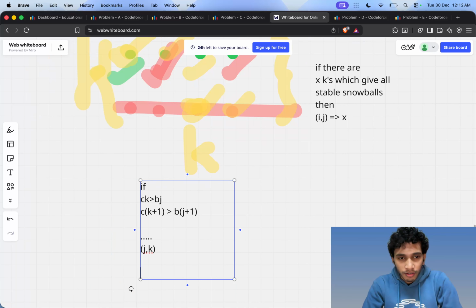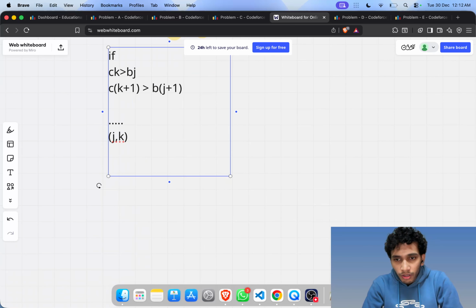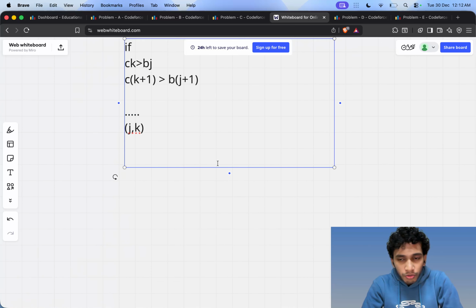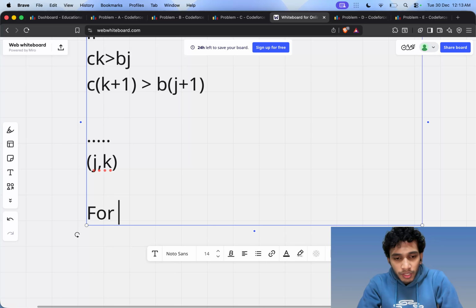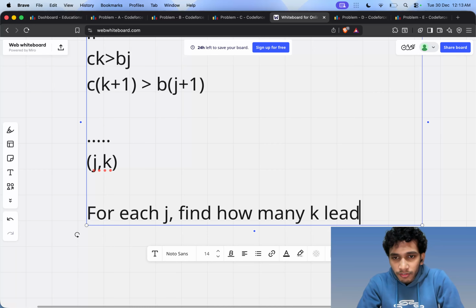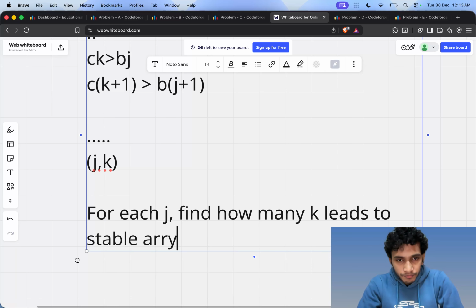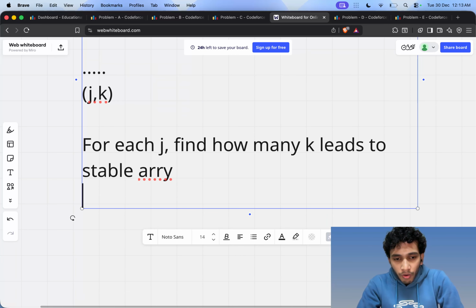If we want the answer, we would rather reduce our problem statement into this statement: for each j, find how many k lead to a stable array.